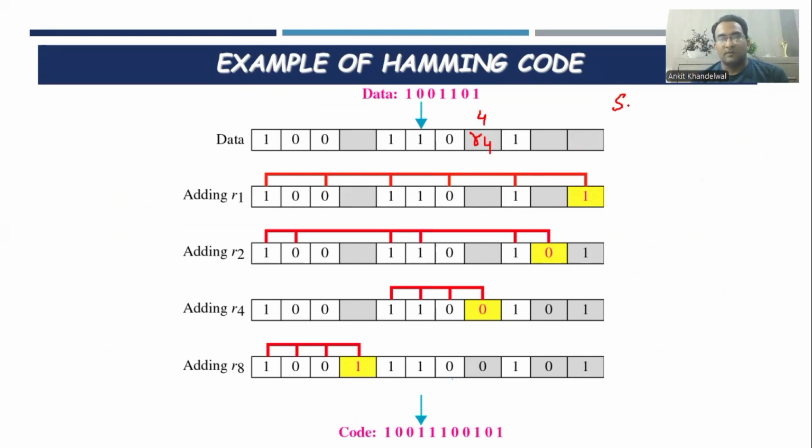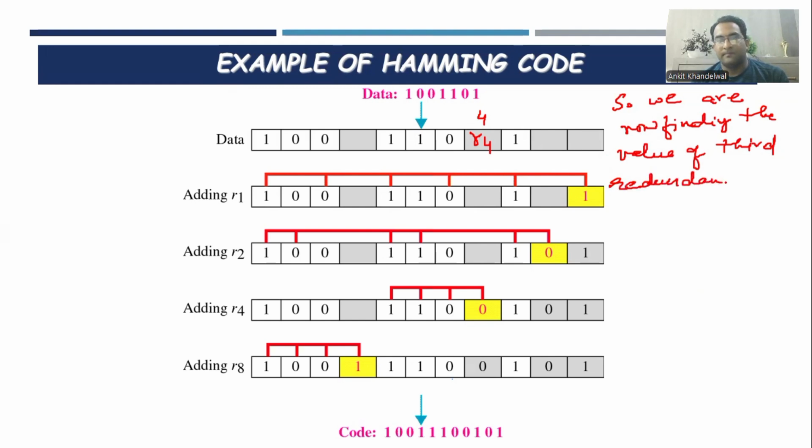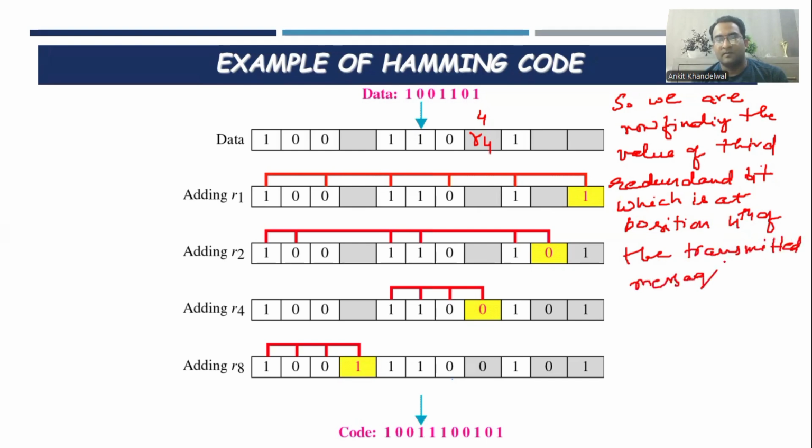So we are now finding the value of the third redundant bit, which is at the fourth position of the transmitted message, right?